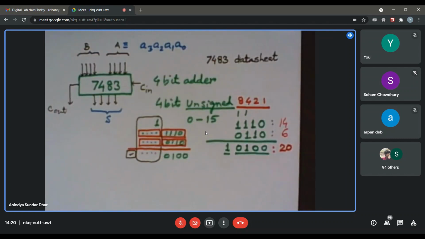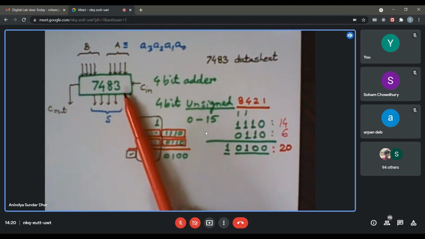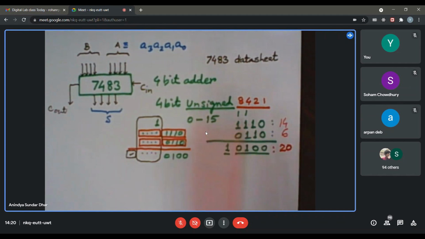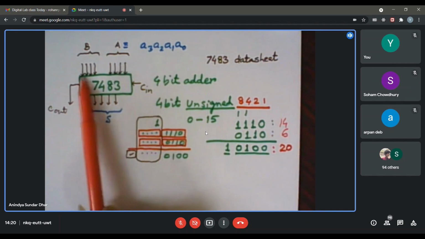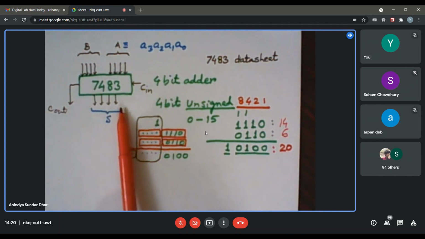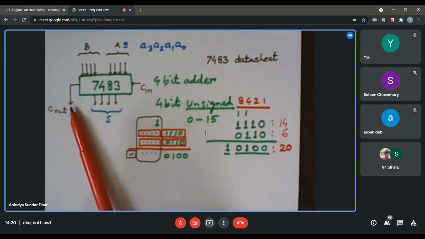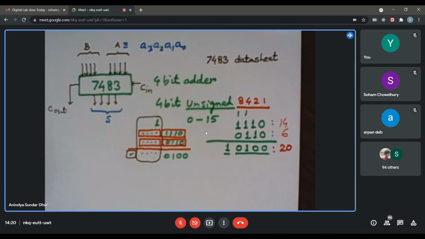Suppose I want to test the behavior of 7483, to see whether it is really capable of adding two numbers. I would like to apply the numbers I have written, 1110 and 0110, to these two input ports and see the output, whether it is matching, and also see the carry output. So what could be a probable way of doing that?